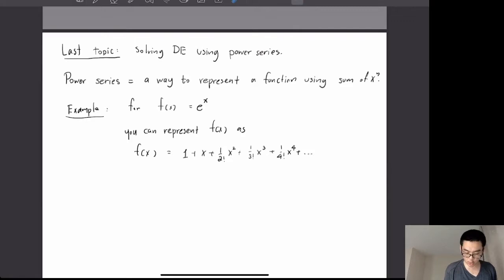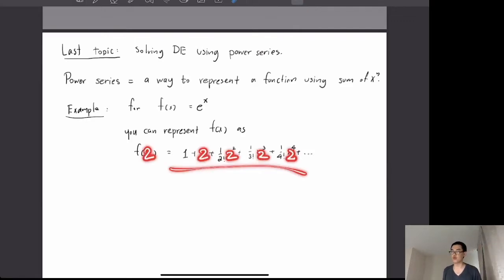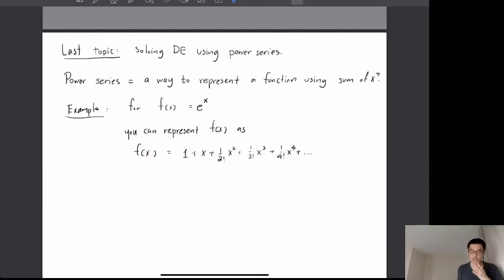But this one you can do. You can just plug in 2 here, and then you get a pretty darn good approximation of e to the 2. So this is for practicality, for when you use differential equations in real life. You will get a power series as a solution and it will be easy to use.